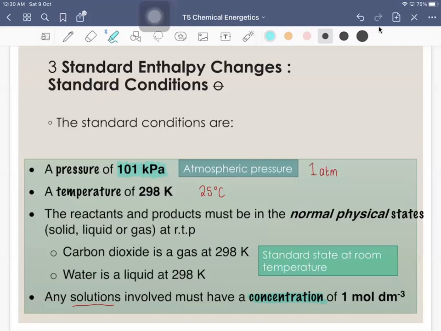So if we want to carry out a reaction to determine the enthalpy change involving H2O, we need to use H2O liquid, not solid, not gas. So we need to use them in their standard state at room temperature. I've already highlighted that.